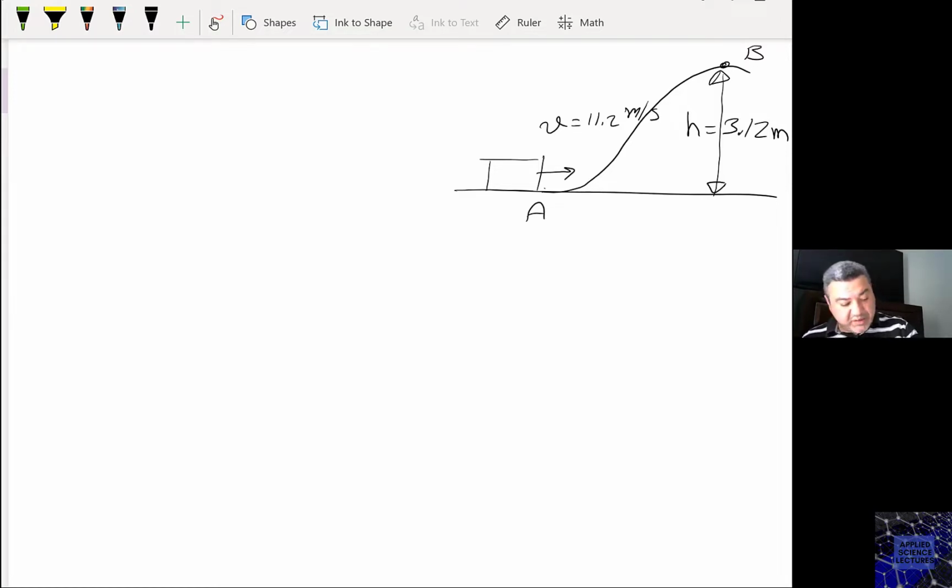So I have a box at point A. A box is sliding at 11.2 meters per second. At point B, the box's speed is now 7.11.